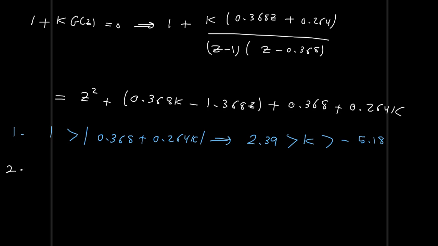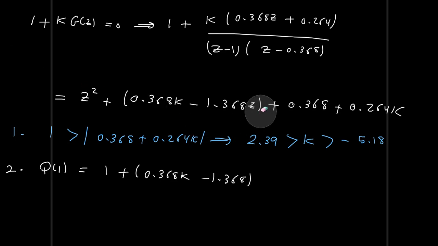Now the second condition is q of 1 must be greater than 0. So if we evaluate q of 1, this would be 1 plus 0.368k minus 1.368.